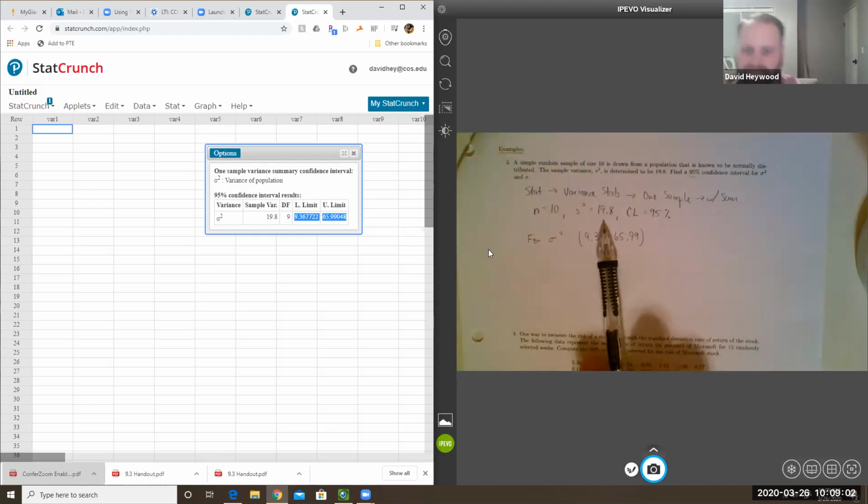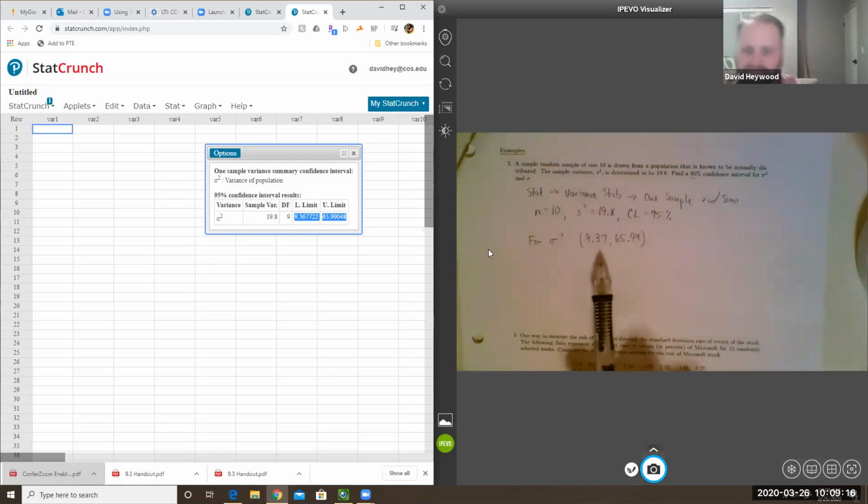But based on that, what can we say about the population variance? Well, if the sample variance was 19.8, we can be 95% certain that the population variance is somewhere between 9.37 and 65.99. That's the meaning of what we just did.